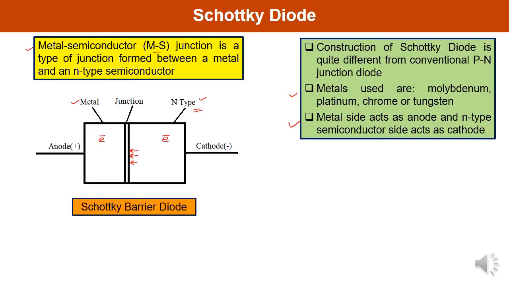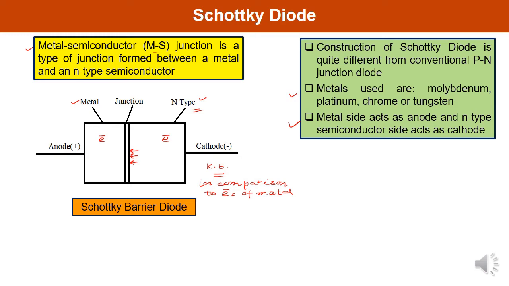And it will establish a heavy flow of majority carriers. But here, you can see the injected carriers have very high kinetic energy in comparison to the electrons of the metal.